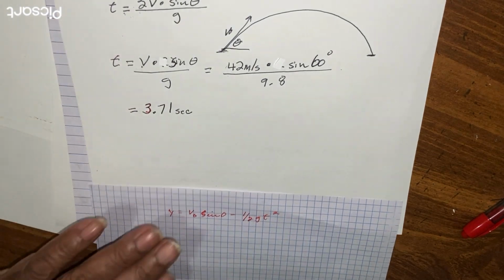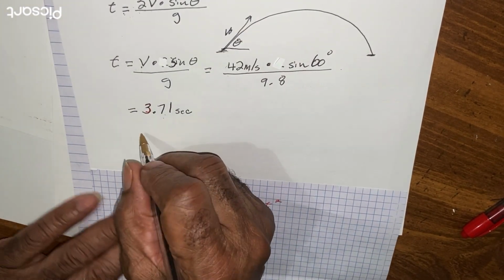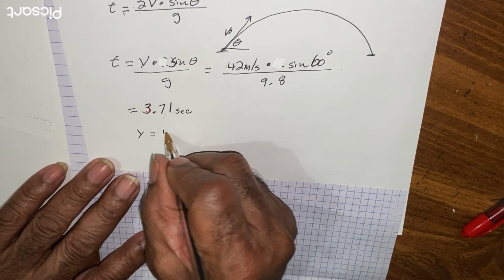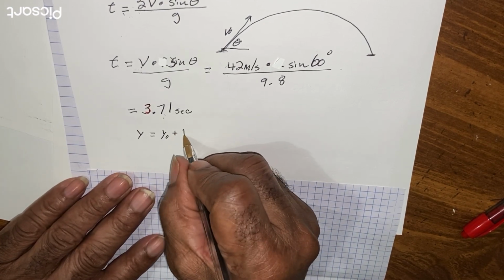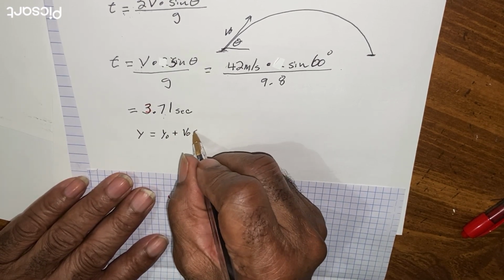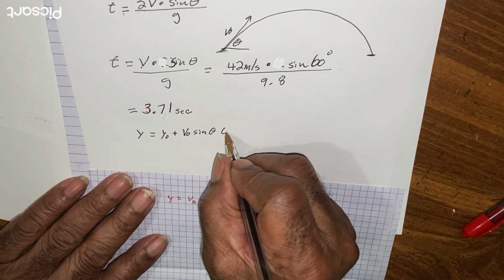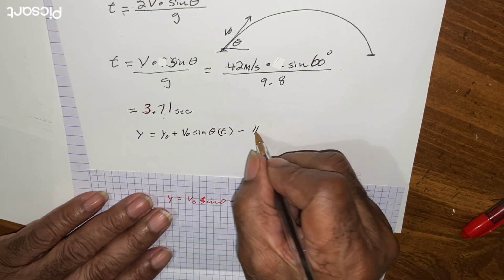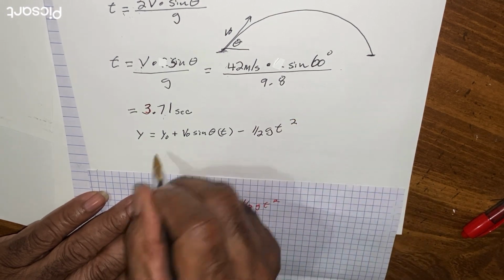Now to find that height, we drop this time into this formula. Y is equal to Y sub o plus V sub o sine theta times T minus 1/2 GT squared.